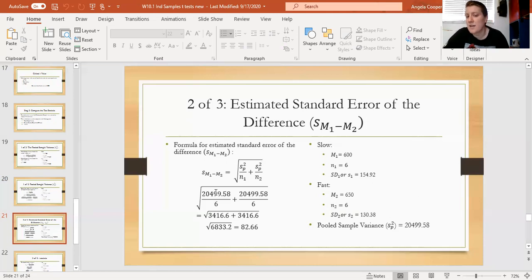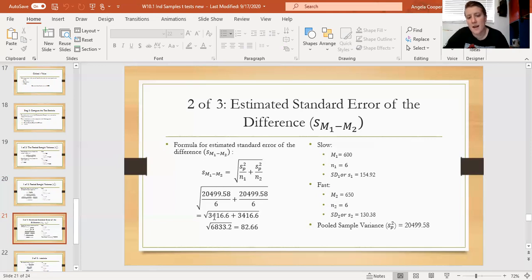So I've just plugged that number in on both parts, because it's the same thing twice, divided by 6 for the first sample size and 6 for the second sample size. It just looks like we're repeating ourselves, which we kind of are, because we have the same sample size in both groups.